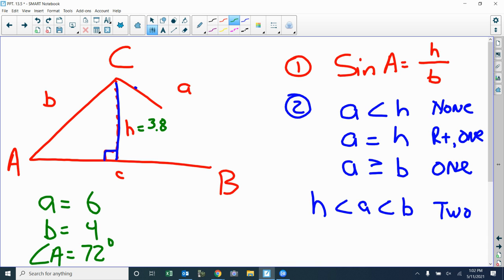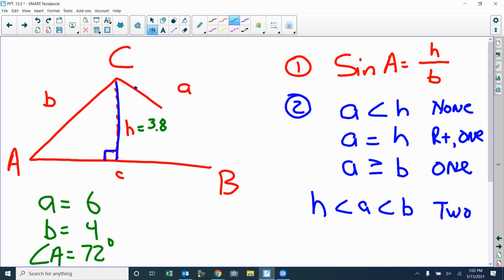Anybody generate? Do I need to do more work with that? You're going to put sine of 72 is equal to, I don't know, the height over b, which is 4. So basically you end up with sine of 72 times 4 to get 3.8.